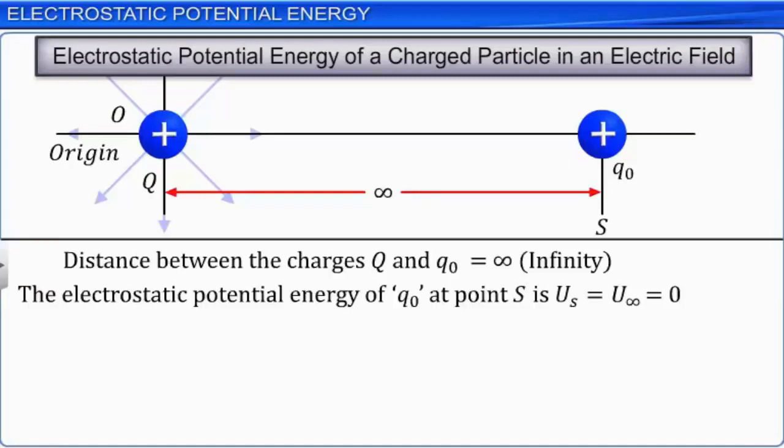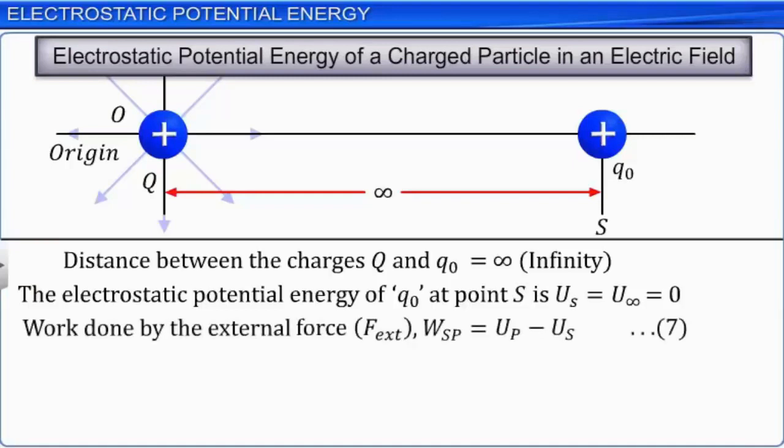Therefore, the work done according to equation 7 can be rewritten as W_SP is equal to U_P minus U infinity, which can be written as W_SP is equal to U_P, since electrostatic potential energy at infinity is equal to 0. That is, U infinity is equal to 0.